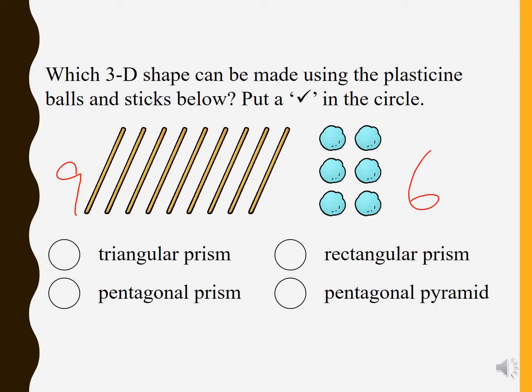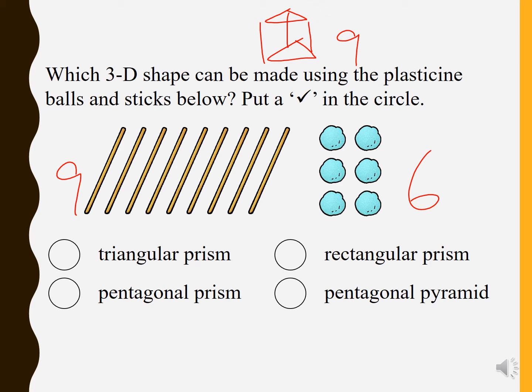Can we make triangular prism? How many sticks are there in triangular prism? If you count one by one, 3 at the bottom, 3 on top, and then 3 in the middle. So we need 9 sticks.